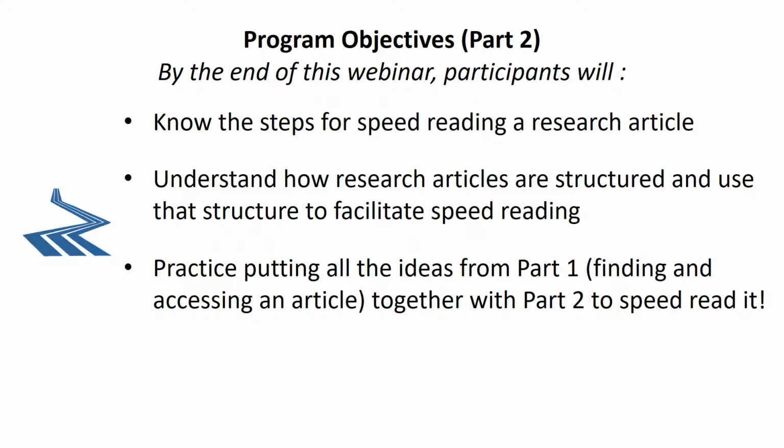You'll understand how research articles are structured, and you're going to use that structure to facilitate your speed reading. And then you're going to have an opportunity to practice putting all the ideas from the first video, which are about finding and accessing an article, together with the steps for speed reading, and you're going to actually learn how to speed read an article.